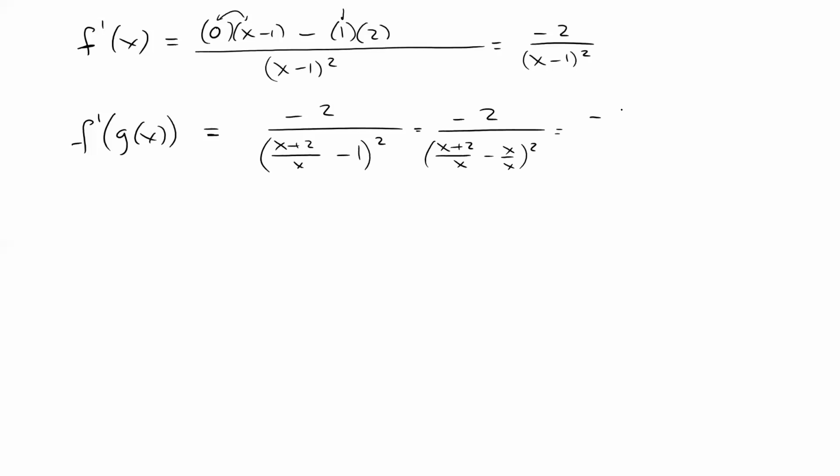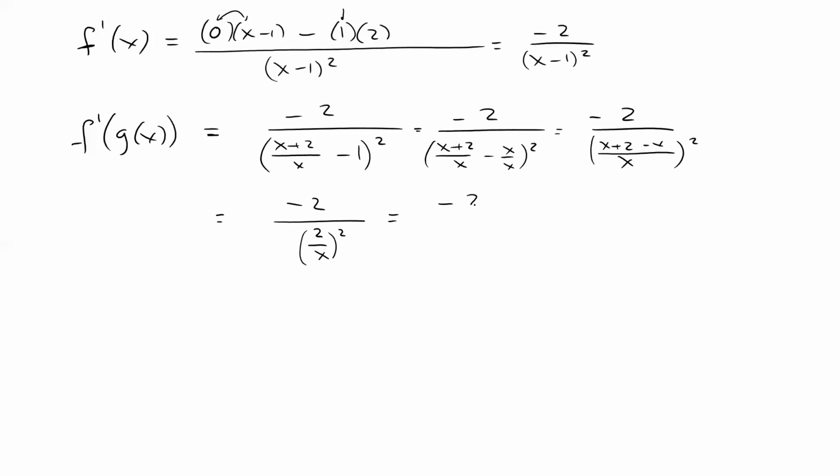I'm simplifying, and then I'm going to take the reciprocal of it afterwards here. So this is going to be x. This is x plus 2 minus x to the second. And I think x's are gone.